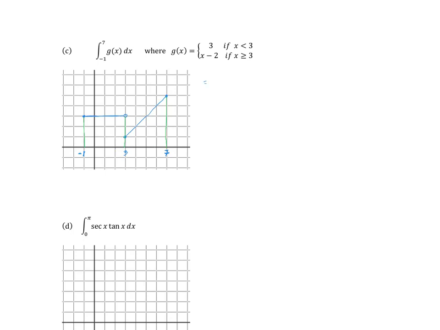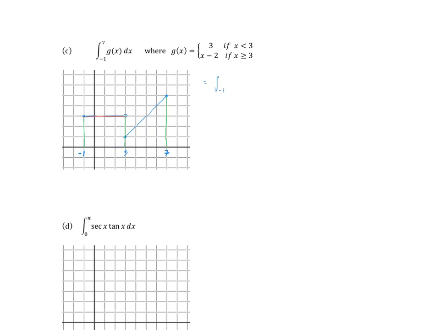Now I need to break this up into two integrals. I'm going to look at my first integral from -1 to 3. Wherever you have a discontinuity or a change in the function, you've got to split it up into different integrals.